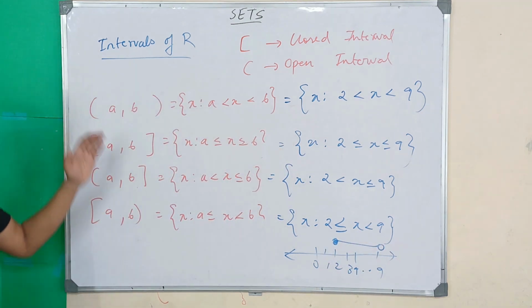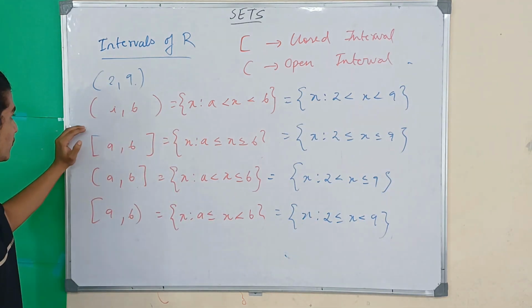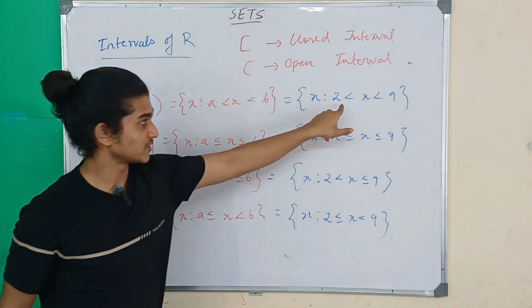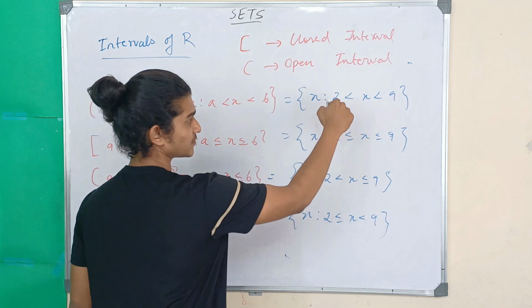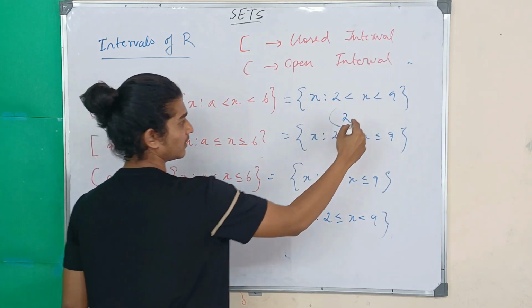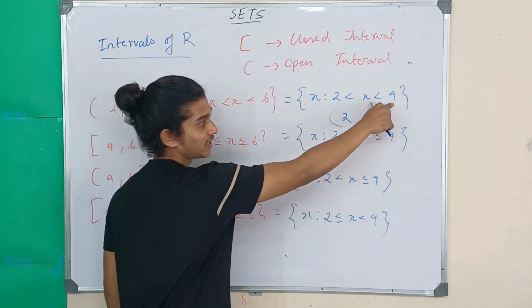So this was intervals of real numbers. We came to know the meaning of the intervals. If you want to express this in bracket form, it is written like this. Round bracket for 2, because 2 is not included, comma 9, and round bracket for 9, because 9 is not included.